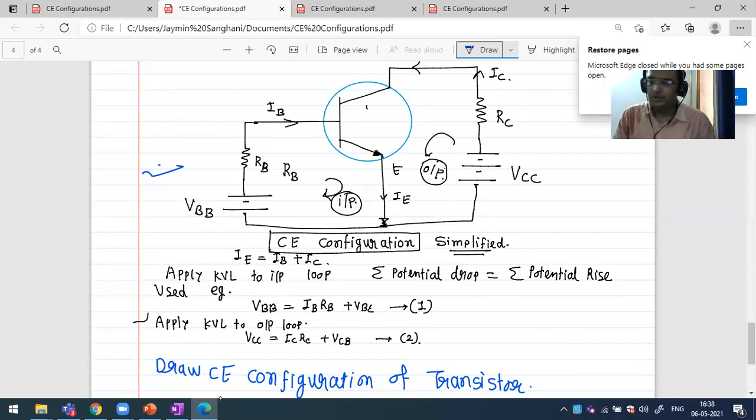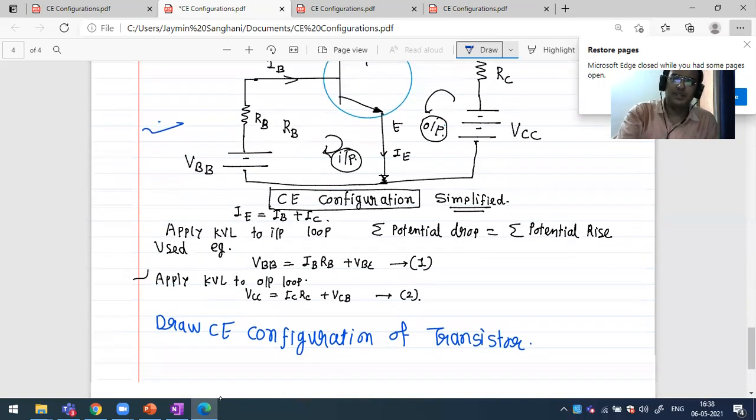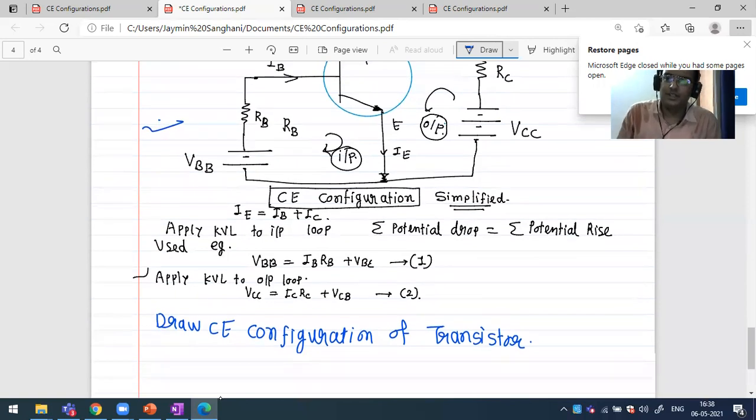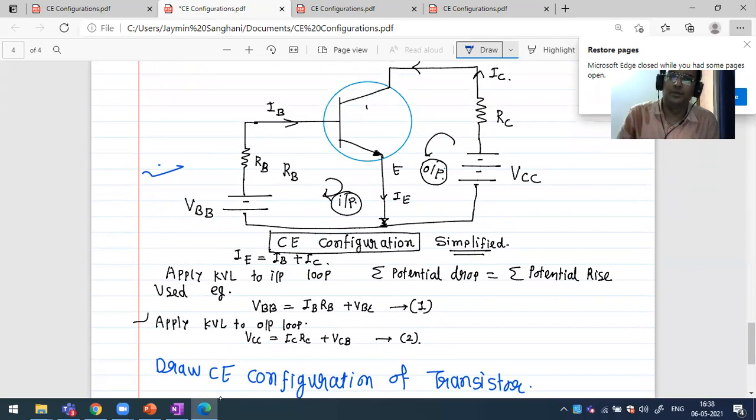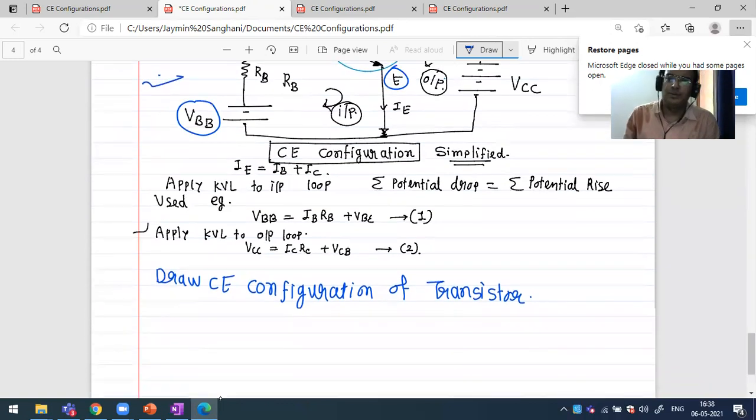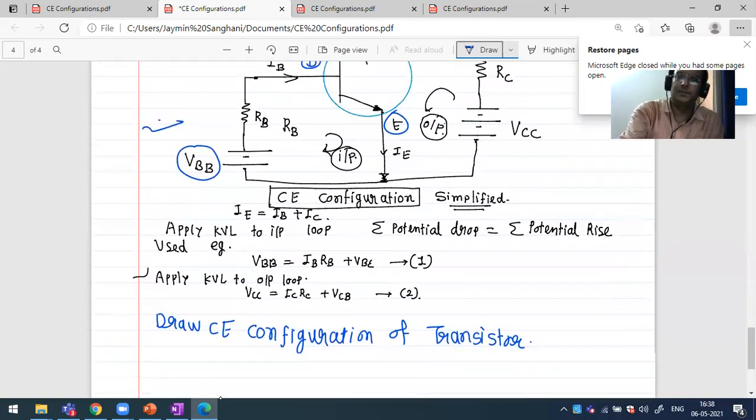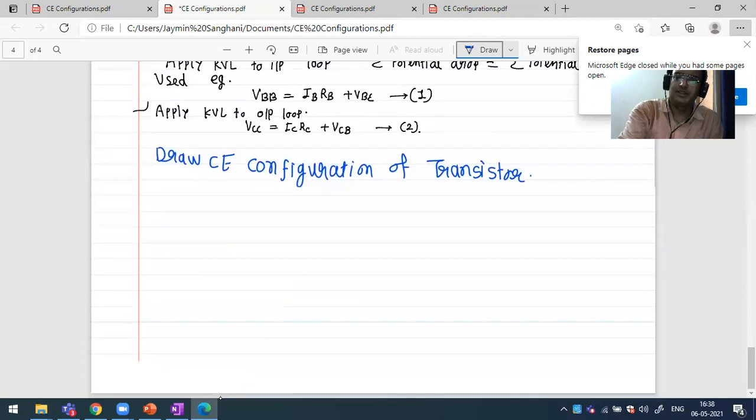Apply KVL to the input loop. Summation of potential rise equals summation of potential drop. VBB equals IBRB plus VBE. See this, this is the input loop: input voltage VBB, IBRB plus VBE. See this is base, this is emitter, VBE voltage drop. And VCC equals ICRC plus VCE, it is known as the output loop.